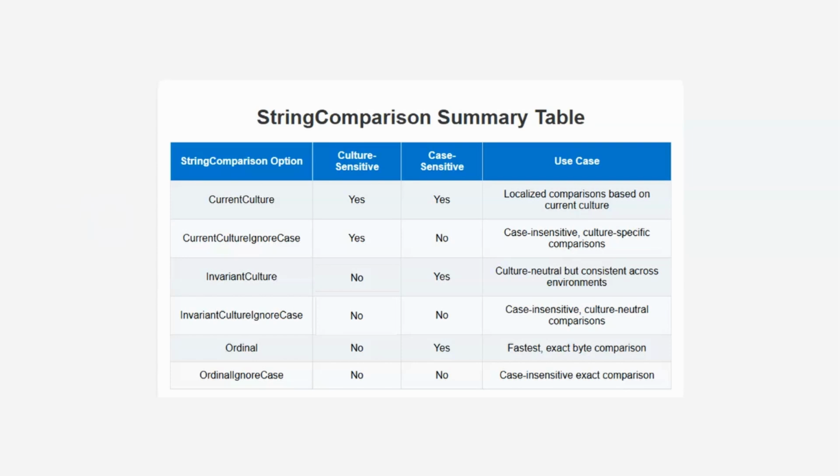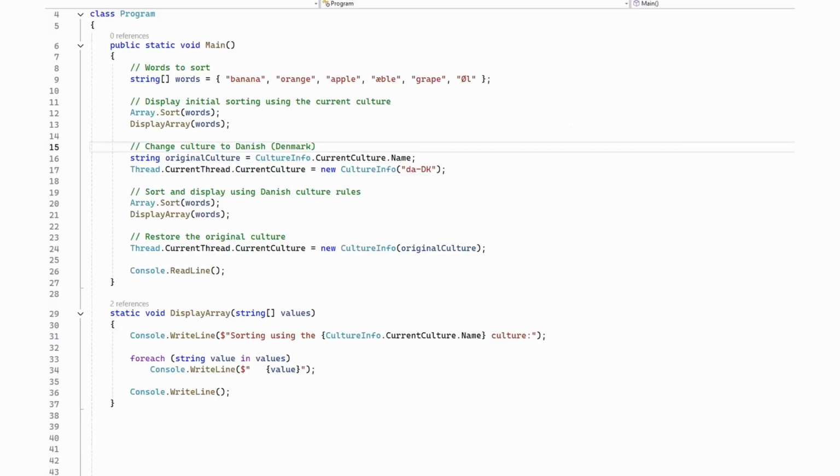Again, the invariant culture ignore case is similar to the invariant culture, but it ignores the case, which means it is case insensitive. Then we get the ordinal option, which compares strings using the ordinal or binary sort rules. And finally, we have the ordinal ignore case, which, compared to the ordinal, is case insensitive.